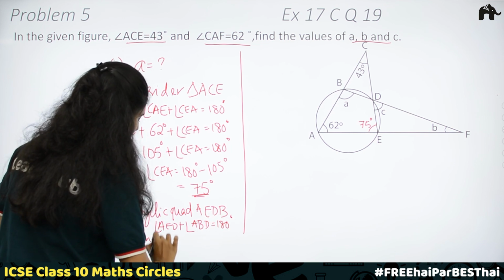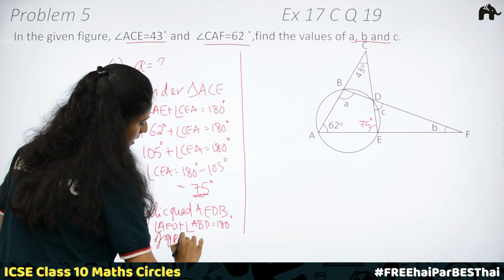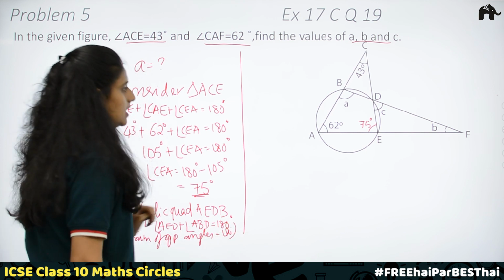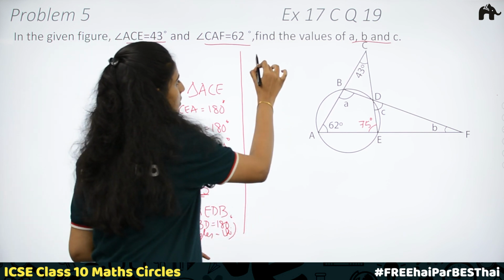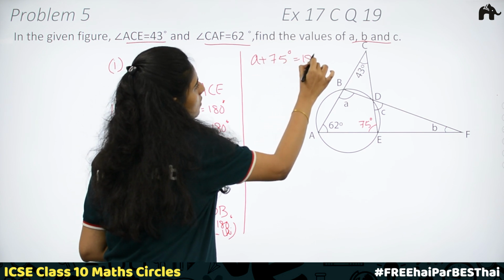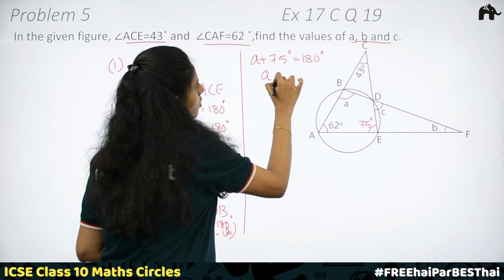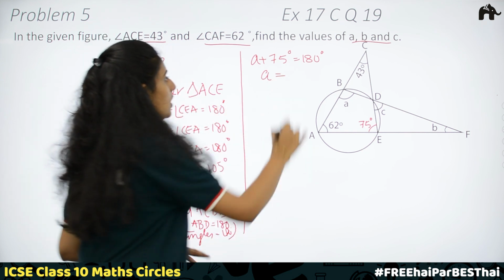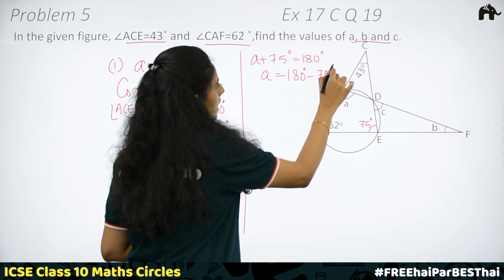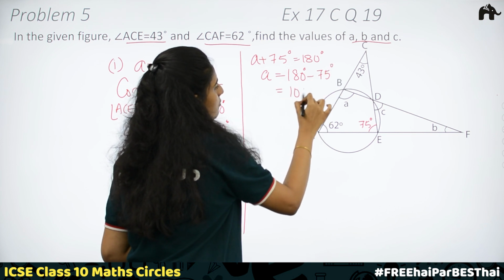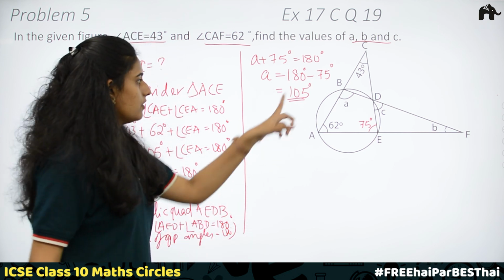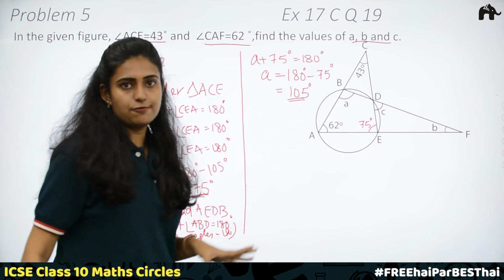Sum of opposite angles of a cyclic quadrilateral is equal to 180 degrees. Now put the values. A plus 75 degrees equal to 180 degrees. Then what is A? A will be equal to 180 degrees minus 75 degrees, and that is 105 degrees. We got the value of A. A is equal to 105 degrees.